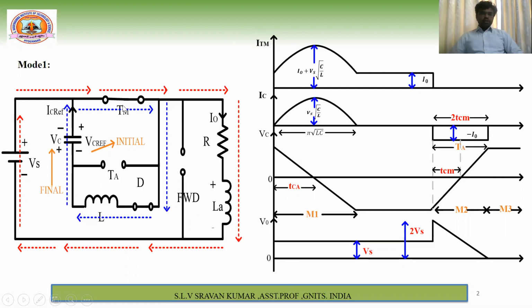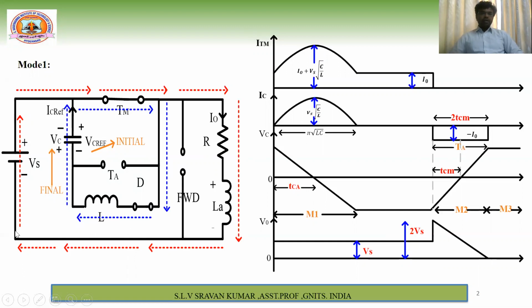Once you switch this on, there are two currents. One current is from the source to the load through Tm. Another one is the capacitor current through Tm, the diode, the inductor and the return path. So two currents are flowing into the main thyristor: one is the IC current, another one is the load current.